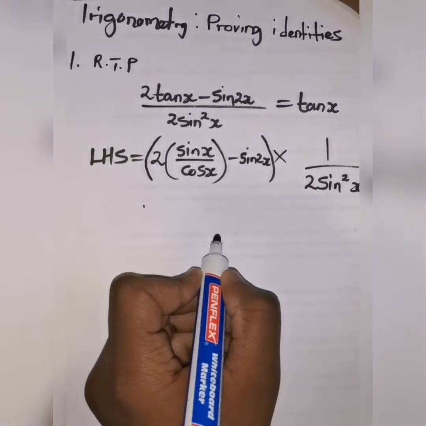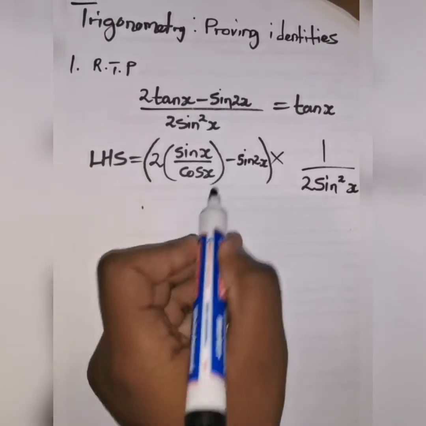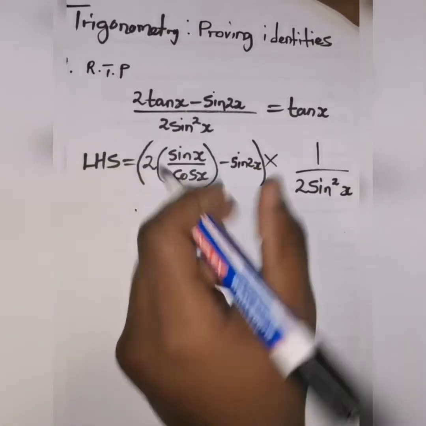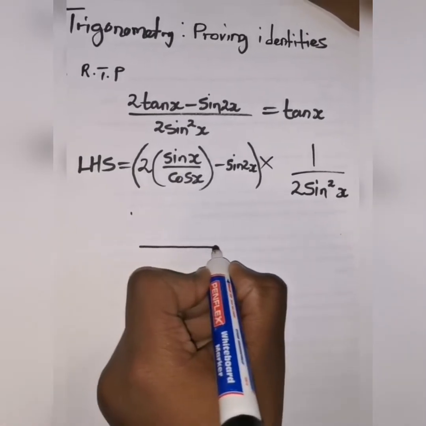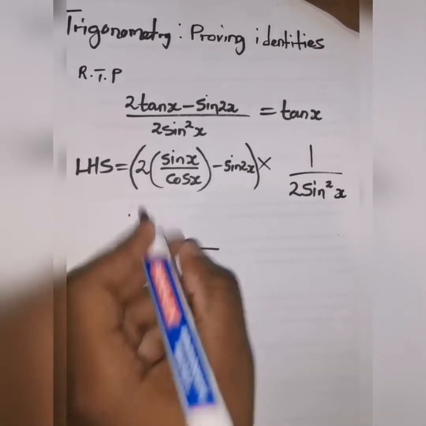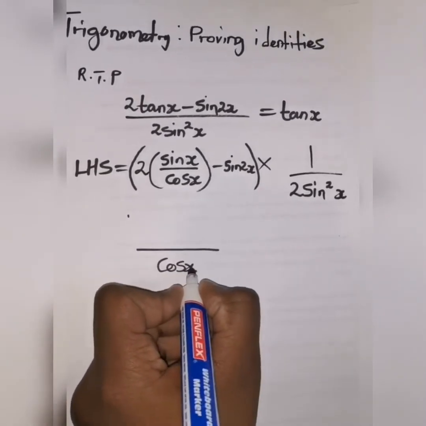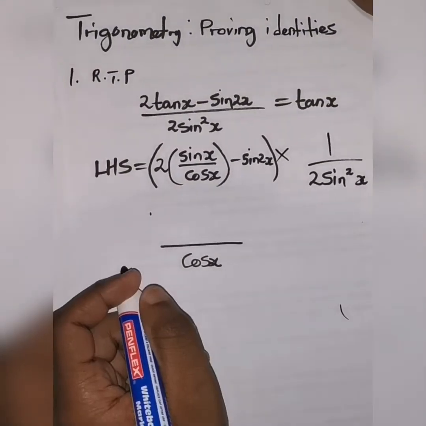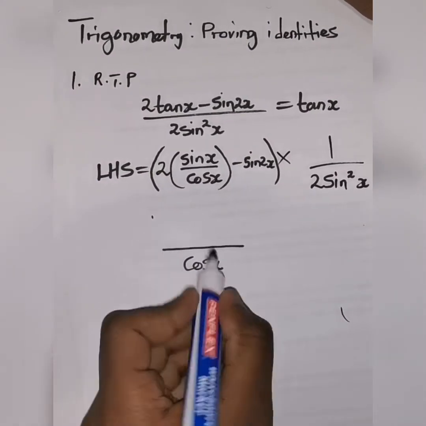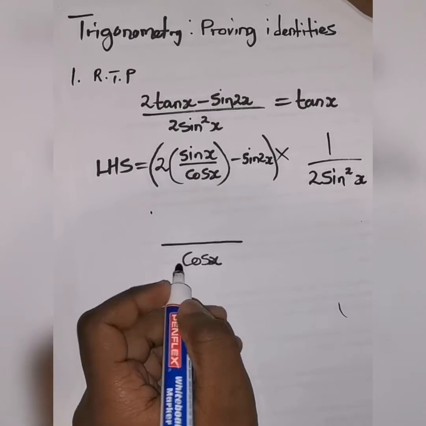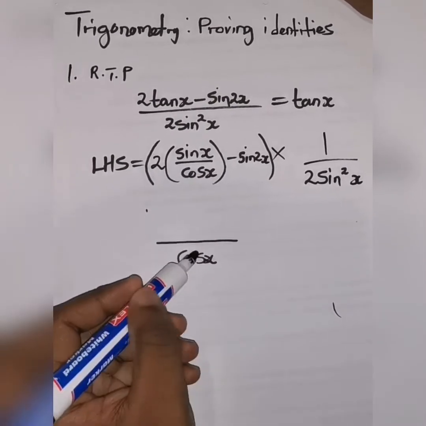So that we don't make mistakes, looking at this term, we can simplify this, and to do that we're going to make cos x our denominator. As you all know how to deal with fractions, our denominator is cos x. So cos over cos is 1.